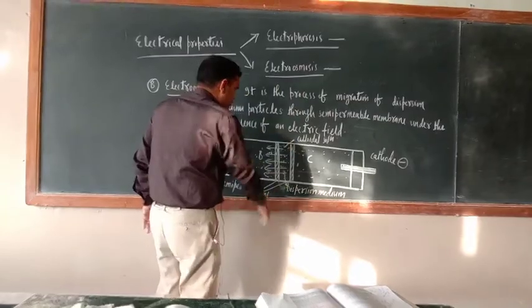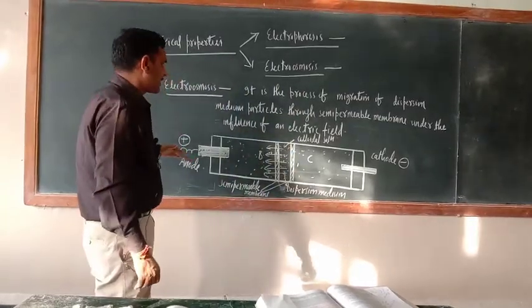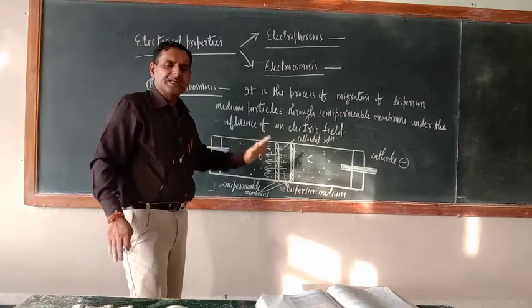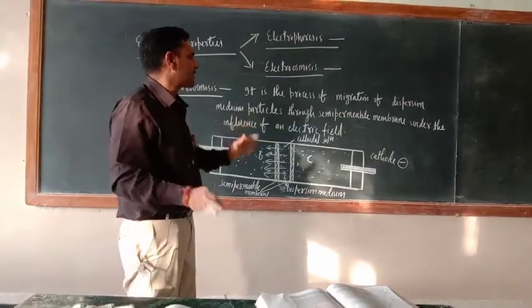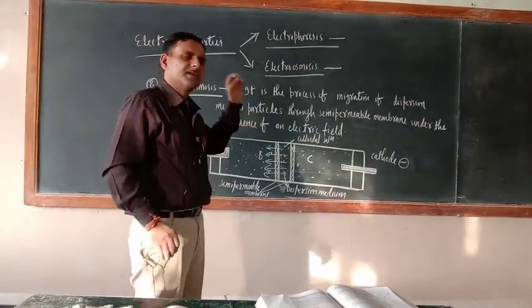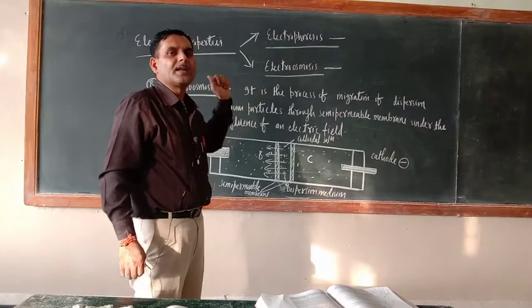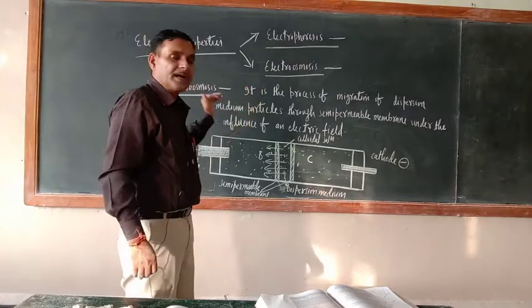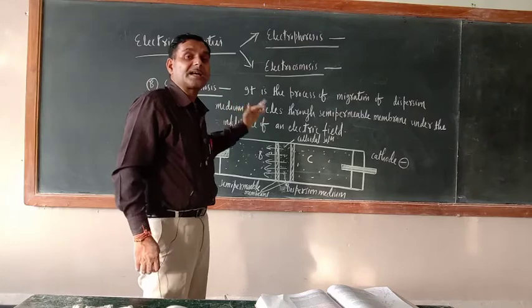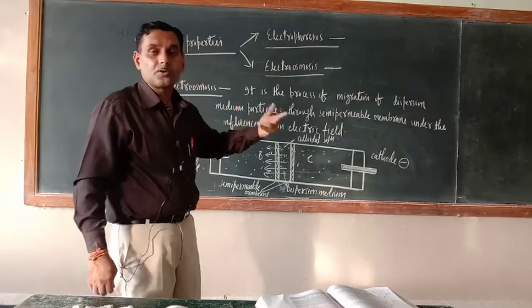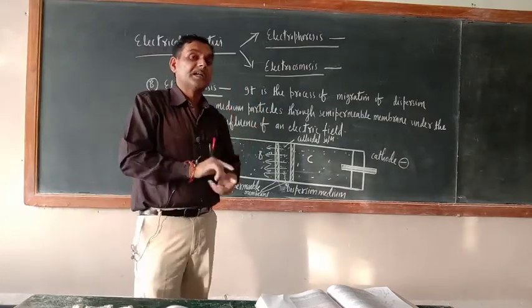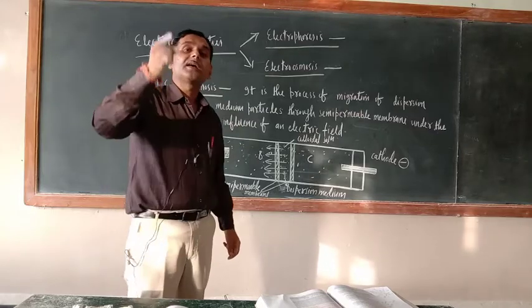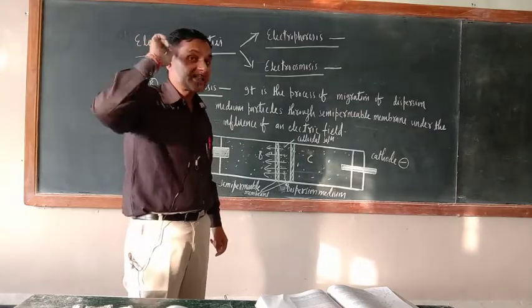Okay, so ultimately, what is the definition of electroosmosis? It is the process of migration of dispersion medium particles through a semi-permeable membrane under the influence of an electric field. Now remember, this is also possible only when colloidal particles are charged.